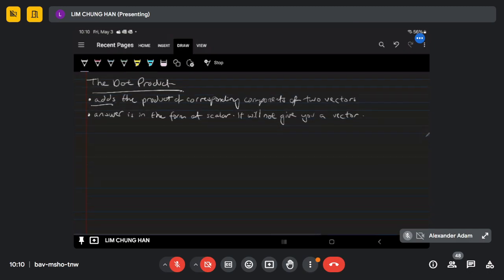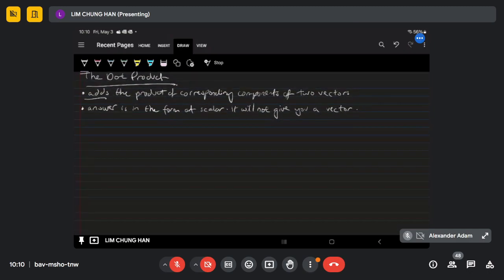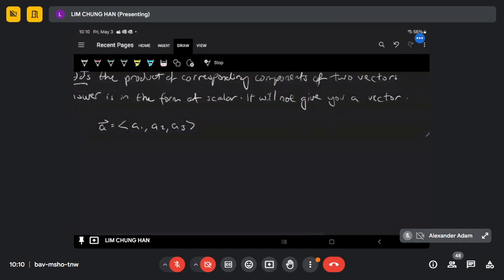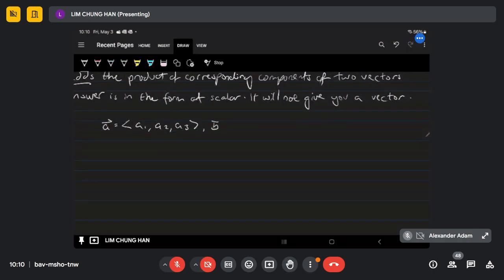So an example is like that. Let's say I have a vector A, which is A1, A2, A3, and a vector B, which is B1, B2, B3.